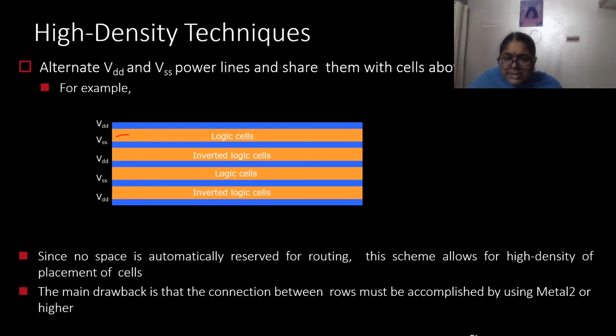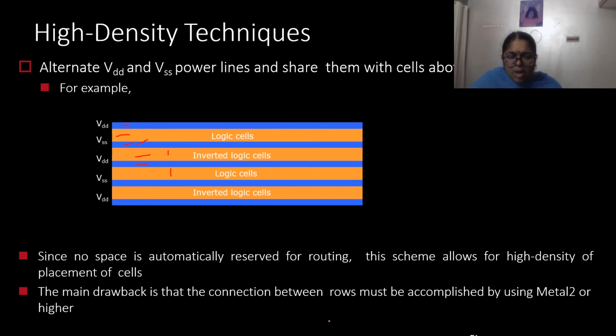If you consider the cells present here, they have VDD and VSS here, and this VSS line is shared by this next row of cells, and this VDD line is shared by this one as well as this row of cells, etc. Since no space is automatically reserved for routing, this allows for high density of placement of cells.